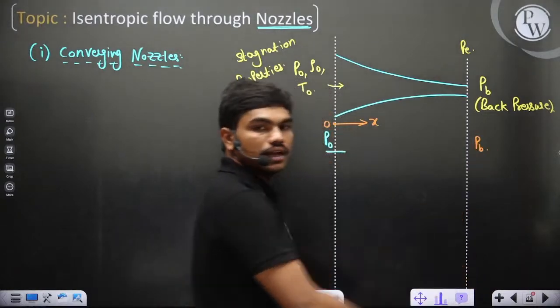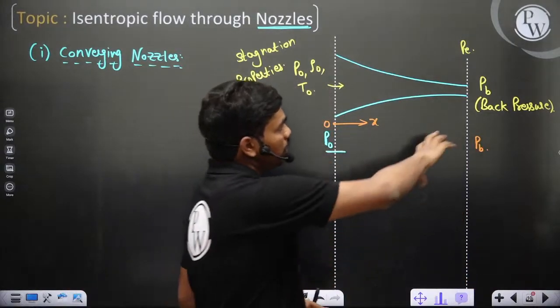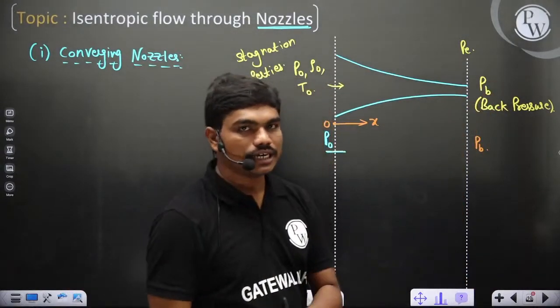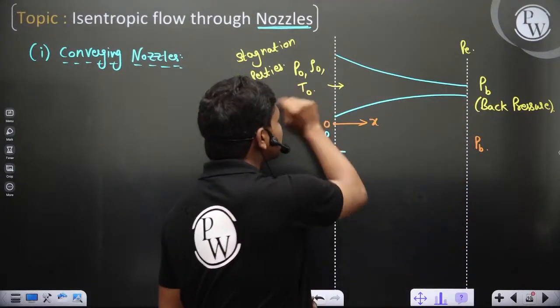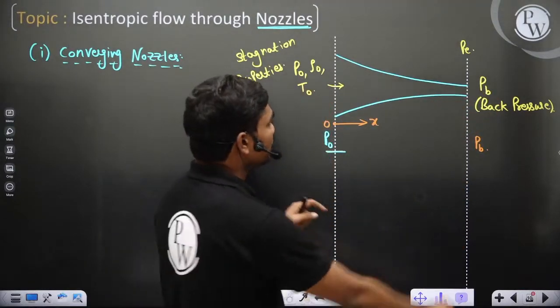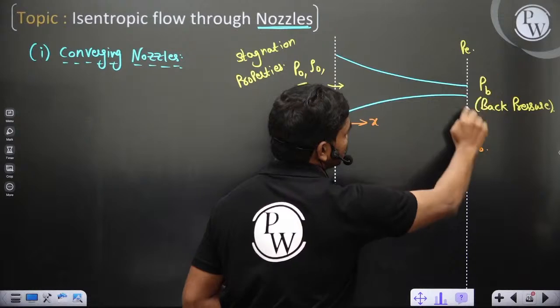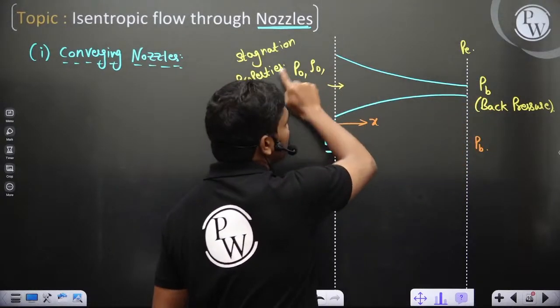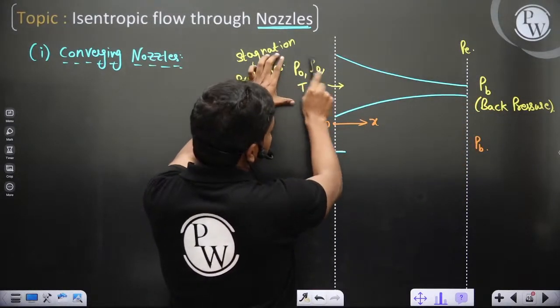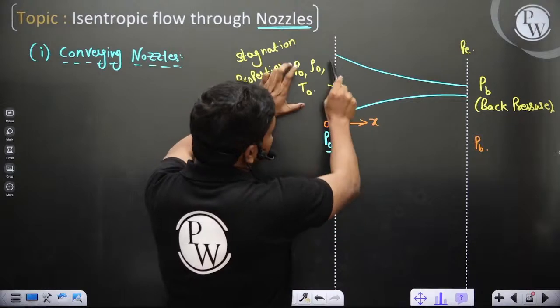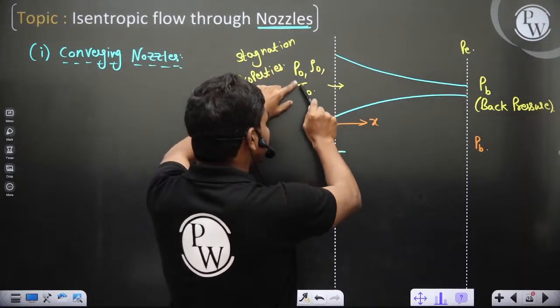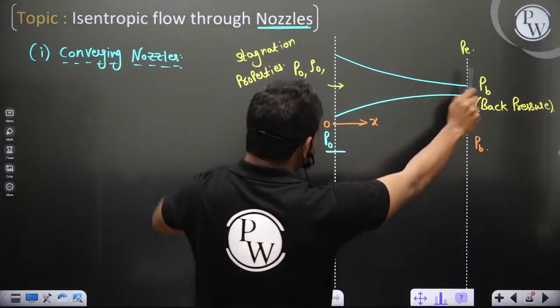Now try to understand, if I maintain PB such that it is the same as P0. If I keep this back pressure, the pressure at this point, just equal to P0, because here this P0 is the highest pressure that it can have because of the static condition. Complete energy is in the form of temperature and also pressure. Here PB is the back pressure.